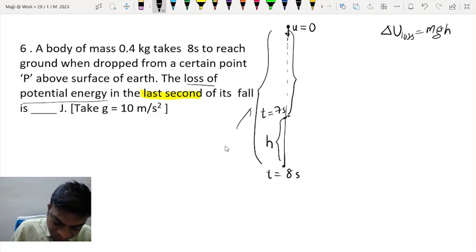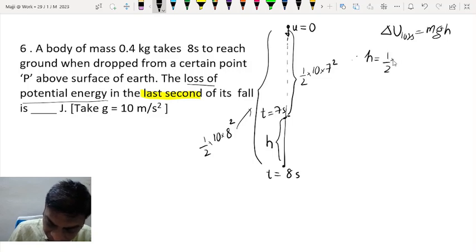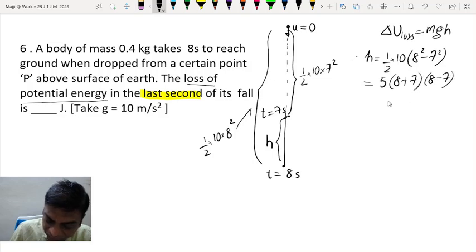So how much is the total height fallen? Half a t square. Remember u is 0, and this will be half into a into t square. So the required height is half into a into 8 square minus 7 square, which is equal to 5 into 8 plus 7 into 8 minus 7, so 5 into 15.